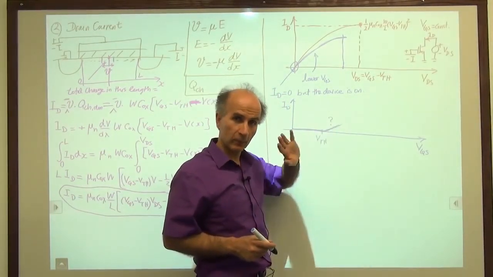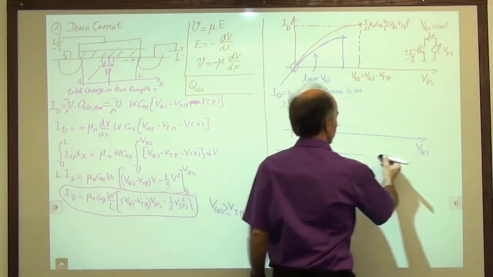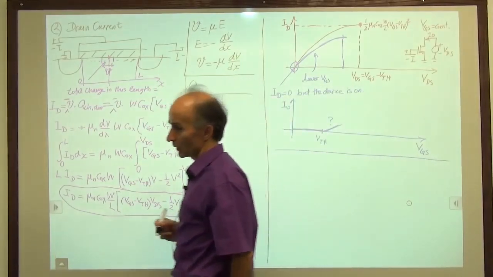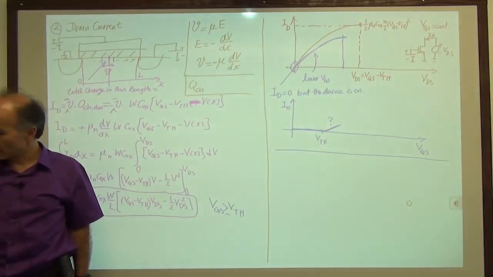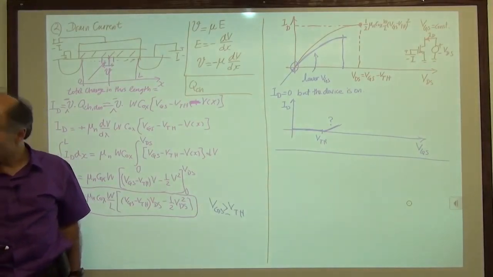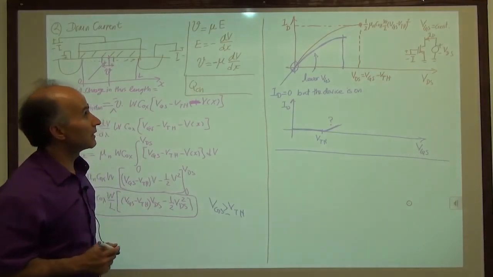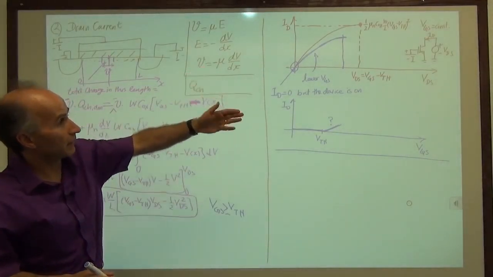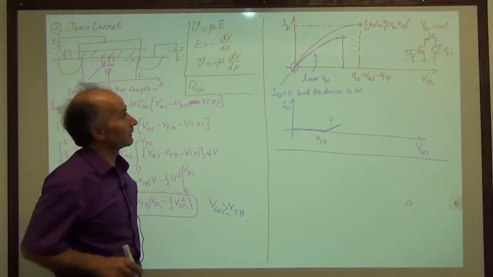But how it goes up, we'll have to come back to it a little later. Okay, so we studied the basic characteristic of the MOS device, and we discovered that the ID and VDS are related by this very simple equation. It's a parabolic behavior.